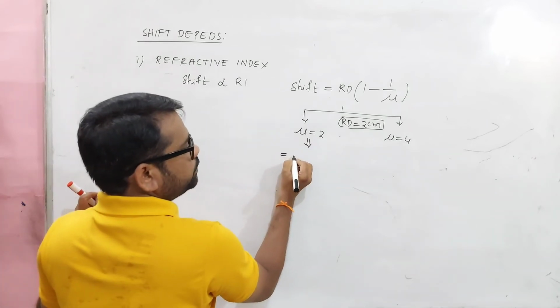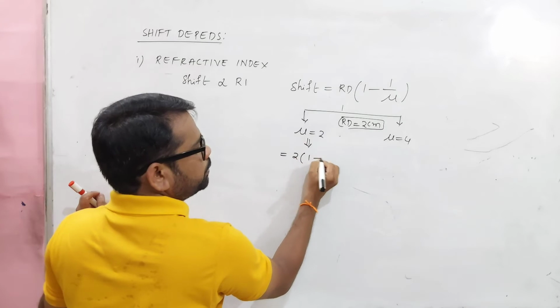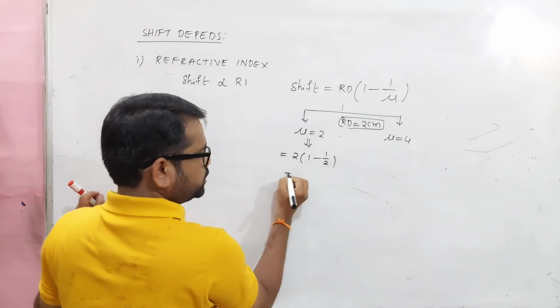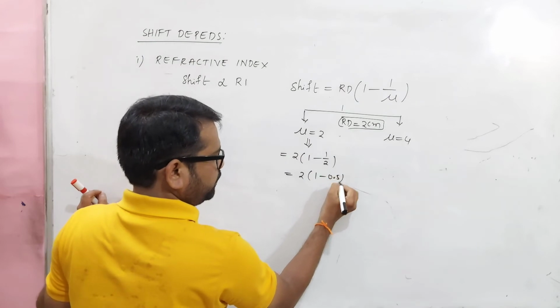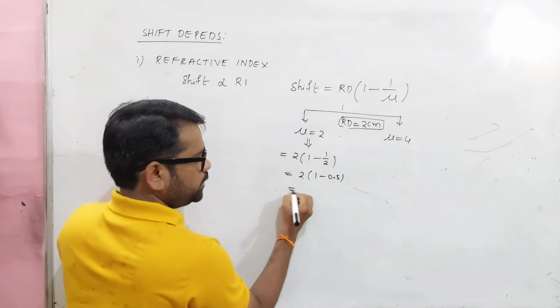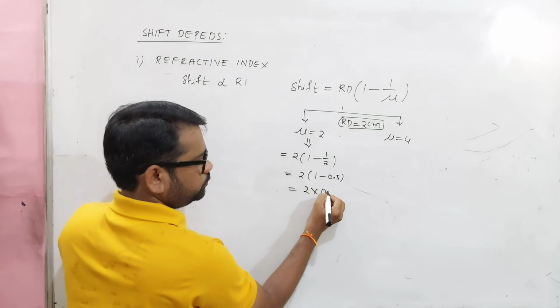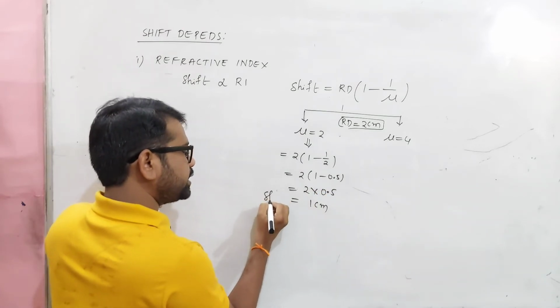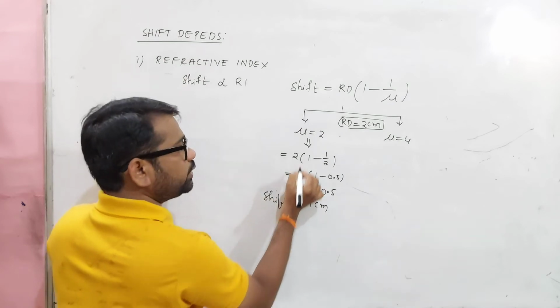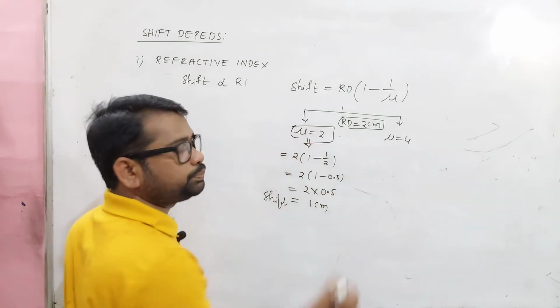Shift is equal to 2 into 1 minus 1 by 2. This is 2 into 1 minus 0.5, so 2 into 0.5, which is 1 centimeter. In this case, shift is 1 centimeter where the refractive index is 2.